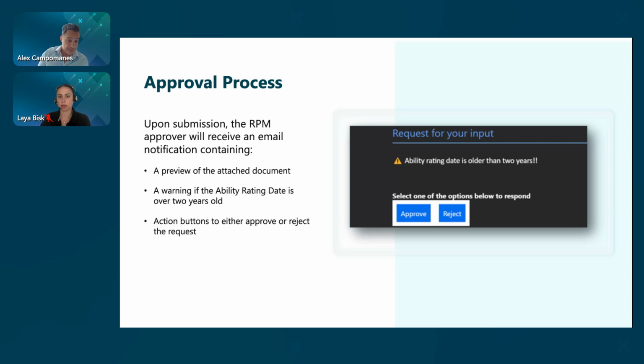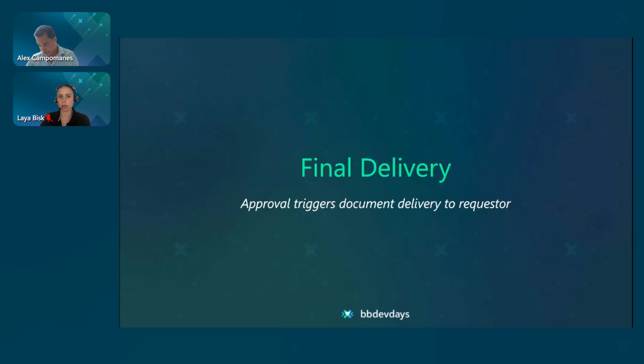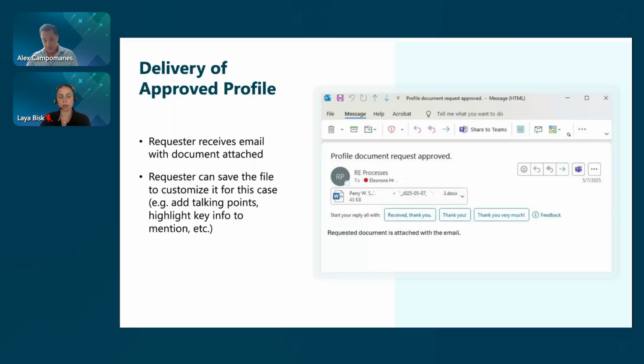So it's a little bit more streamlined, but still not fully automated. Final delivery. Next slide. This is the email that the fundraiser receives once the entire flow is completed, and the email with the profile gets sent to the fundraiser.